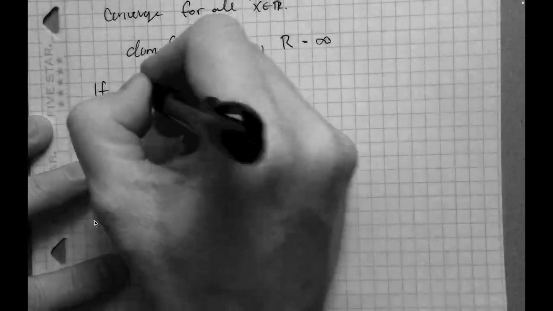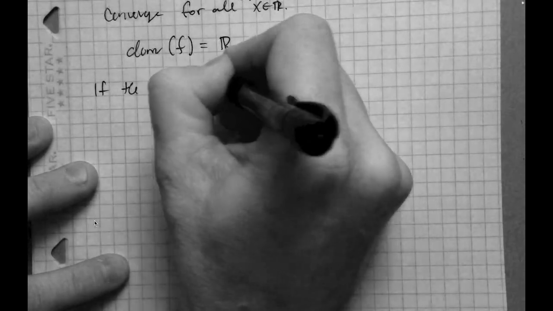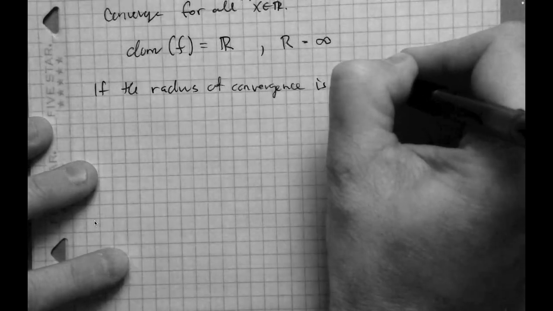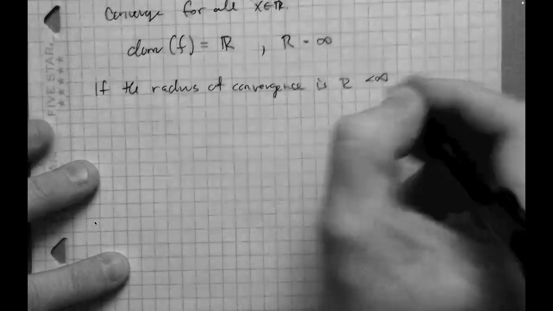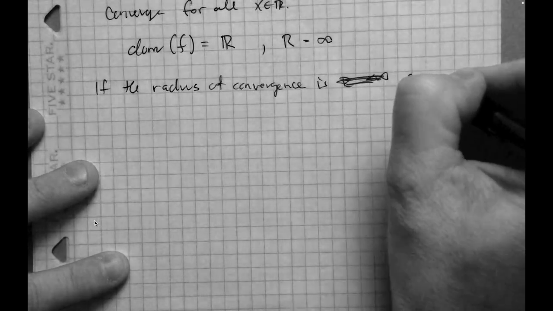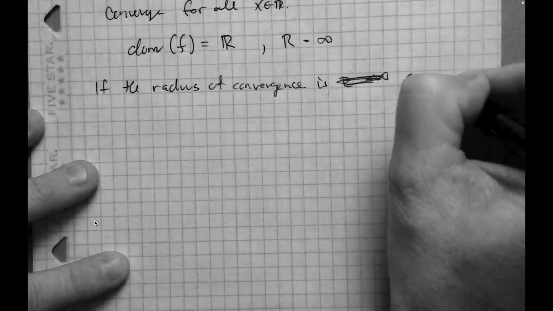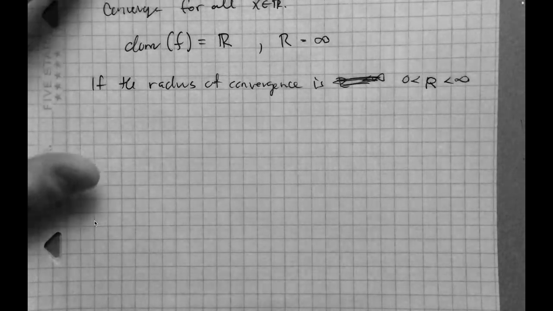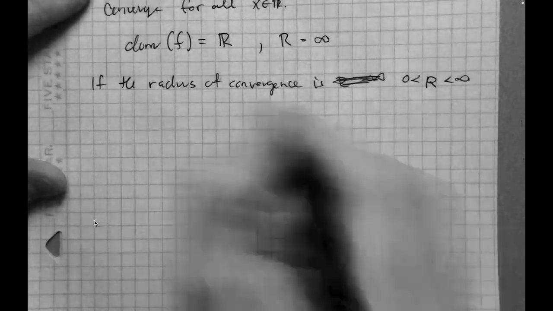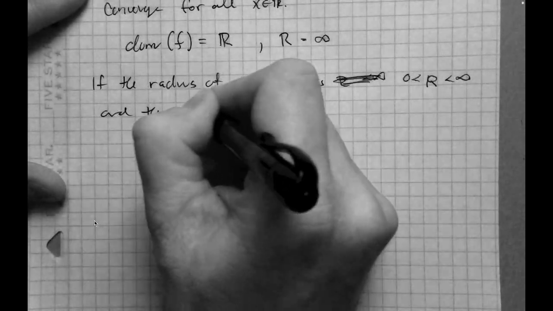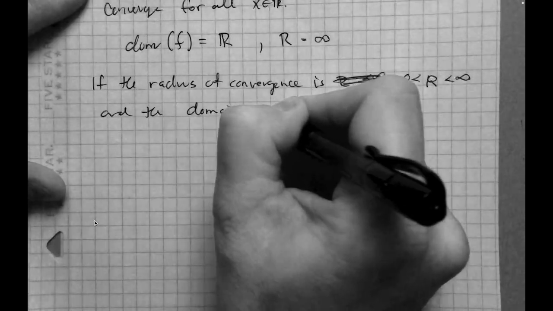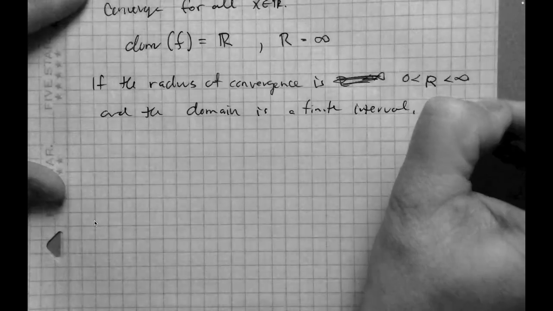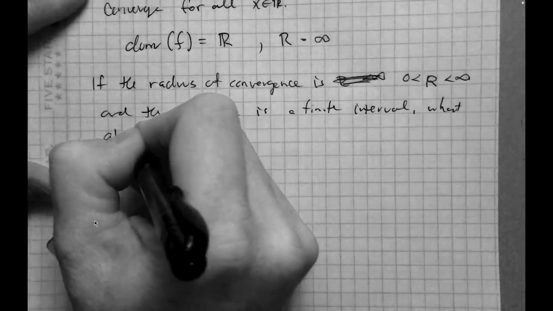So if the radius of convergence is r, greater than 0 and less than infinity, i.e., we're talking about an interval, if the radius of convergence is in between here, and the domain is a finite interval, what about the endpoints?